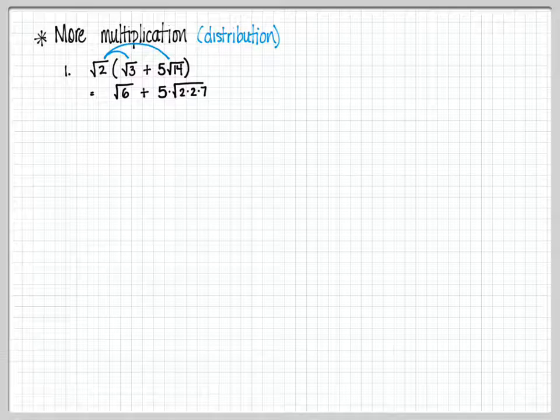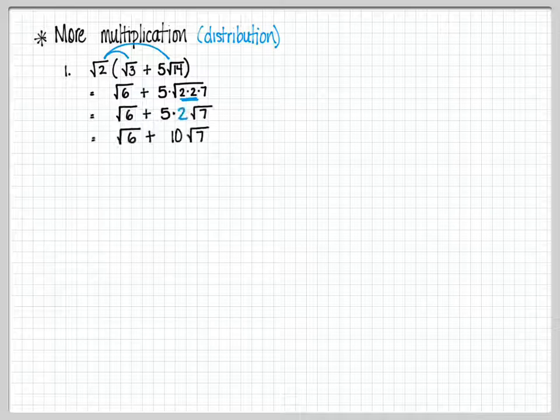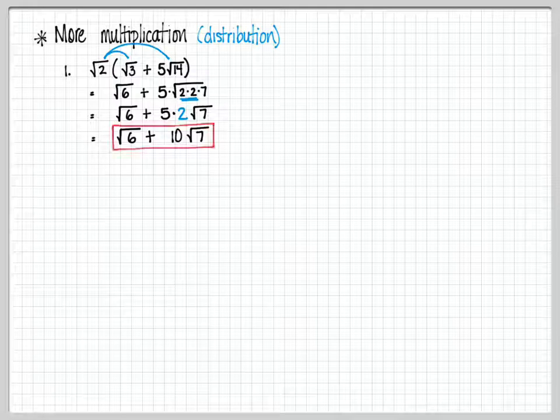I'm saying square root of 2 times the square root of 2 times 7. Well, that's going to make a 2 come out. So I'm going to end up with the square root of 6 plus 5 times 2 times root 7, which is the square root of 6 plus 10 root 7. And that's the final answer because, as we talked about in our addition, we can't collect those terms because one's a square root of 6 and one's a square root of 7. But that is the multiplication of that monomial, the square root of 2, times the 2 terms, the binomial.